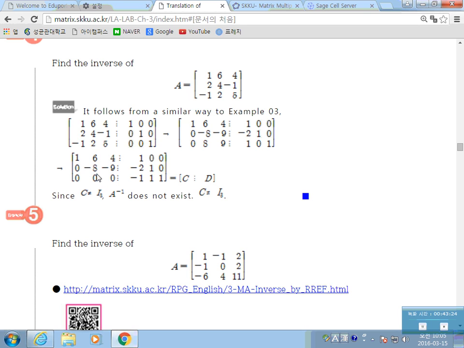So this is not the identity matrix, and it cannot be an identity matrix. We cannot go further to form an identity matrix. So in that case, you don't have the inverse of matrix A. A inverse does not exist because C is not the identity.